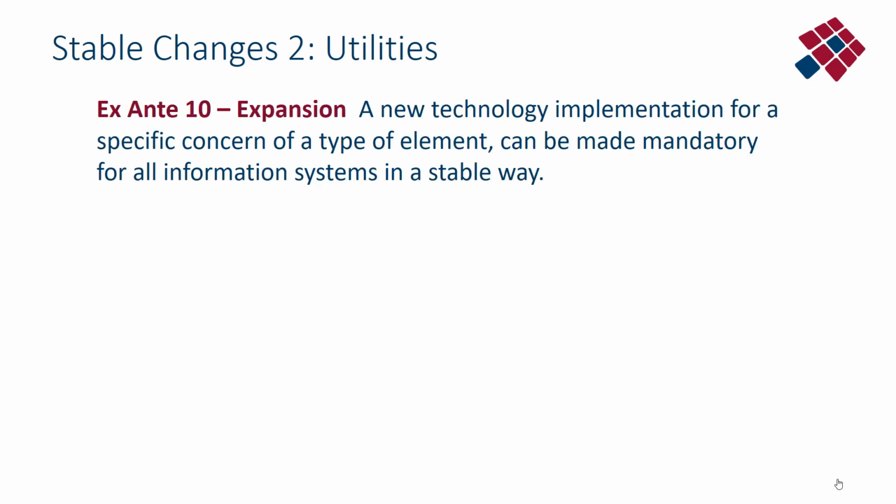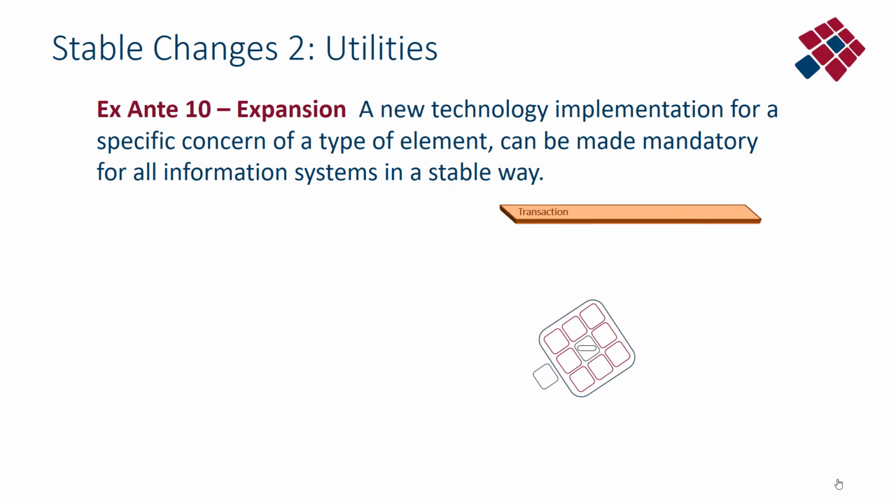Now, another thing which you can guarantee if you have normalized systems expansion and code generation framework is you can have a new technology implementation for a specific concern and make it mandatory for all information systems. So suppose you want to change in a mandatory way the transaction framework, the framework solution dealing with the transaction cross-cutting concern across all elements of all normalized information systems.